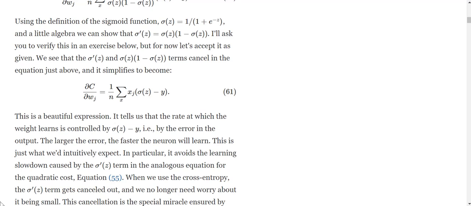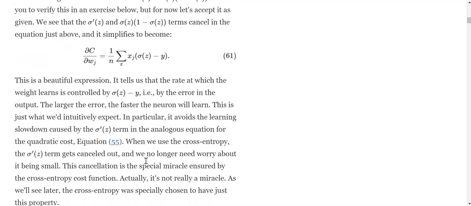In particular, it avoids the learning slowdown caused by the sigmoid prime z term in the analogous expression for the quadratic cost, equation 55. When we use the cross entropy, the sigmoid prime z terms get cancelled out, and so we no longer need to worry about it being small.